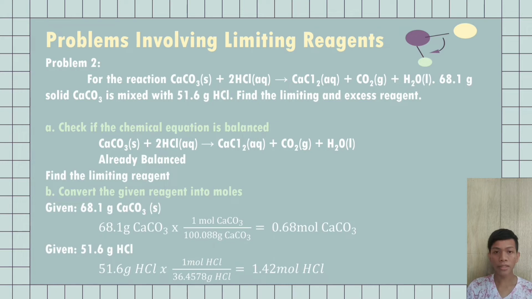Now to determine the limiting reagent, convert the given reagents into moles by dividing them by their molar mass. 68.1 grams of calcium carbonate is divided by 100.088, which is equal to 0.68 moles, while 51.6 grams of hydrogen chloride is divided by 36.4578, which is equal to 1.42 moles.